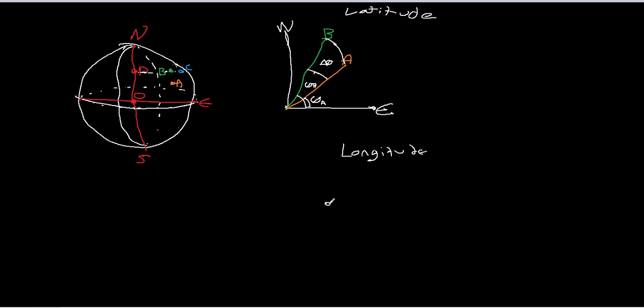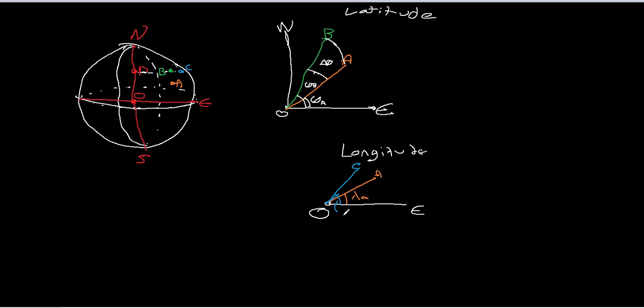So we have O, we have E, then going out, we have some angle A. Since this is longitude, we're going to call this lambda A. And then we have some point C floating out here, and we have some angle.